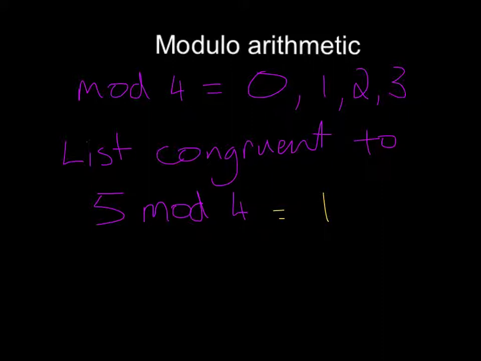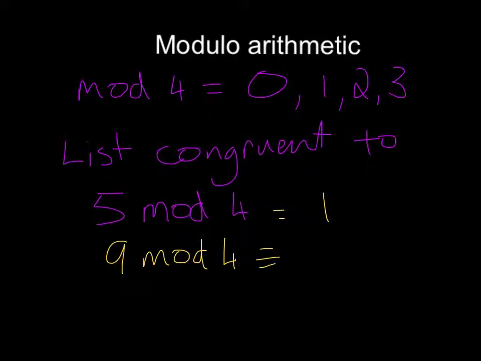Some examples might be, let's say the next one up would be 9. 9 divided by 4 gives you 2 with a remainder of 1. So we could say that 5 mod 4 and 9 mod 4 are congruent.